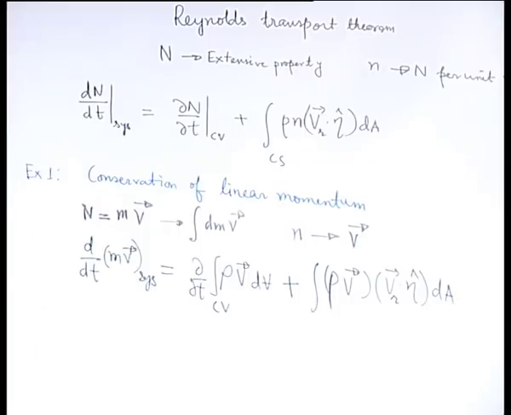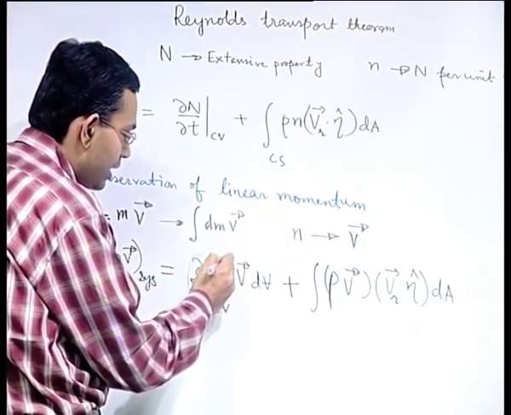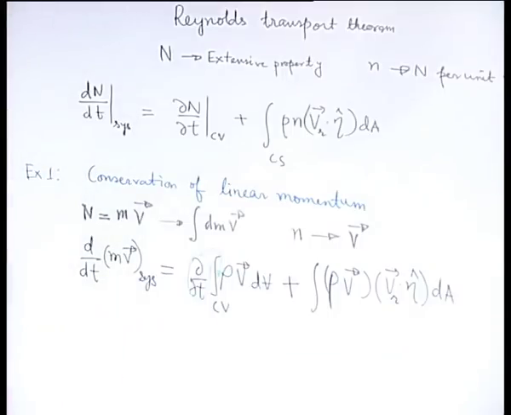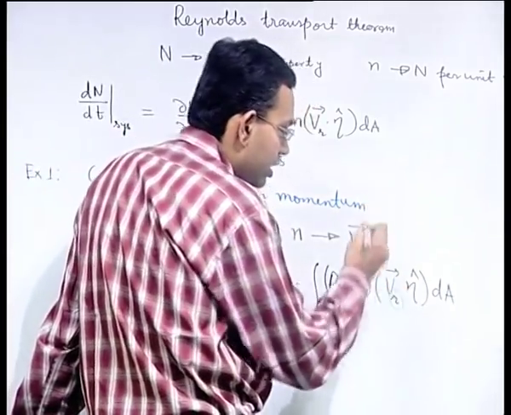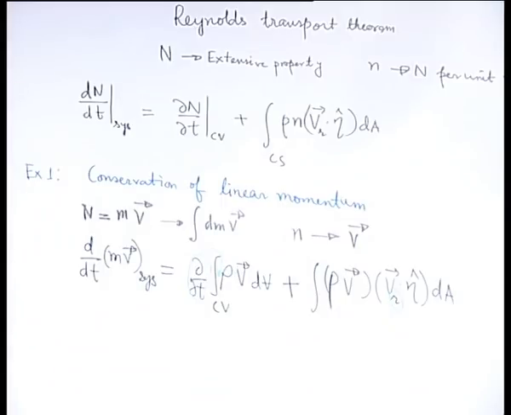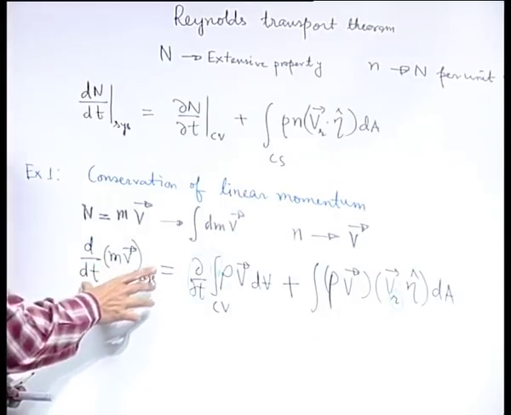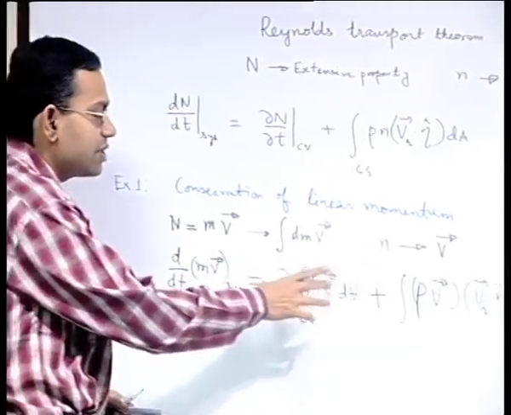Now let us make the simplifications. What simplifications do we make? First of all, a non deformable control volume, so that we can take the derivative inside the integral, that is the first thing, and second is a stationary control volume, so that V_R is equal to V. So with these considerations, and noting that this is the utility of writing it in terms of a system.